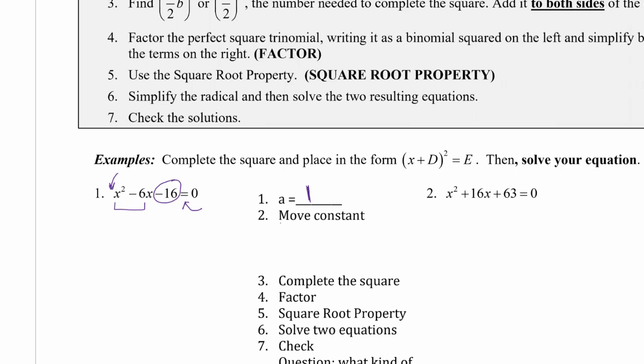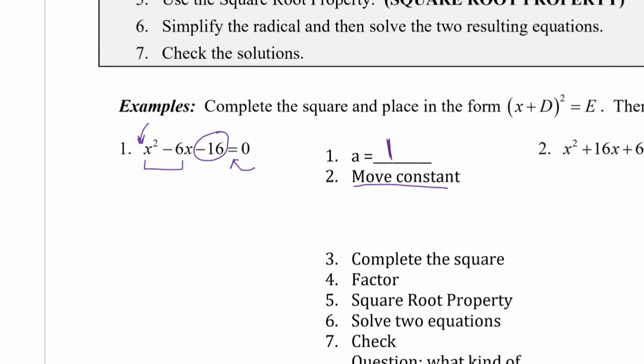So we're going to move the constant by adding it to the other side of the equation. We're going to write x squared minus 6x, leave some room, equals positive 16. So we added a 16 to move the negative 16 over to the other side of the equation.